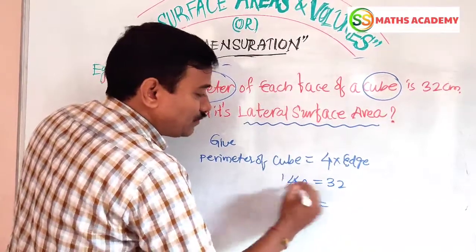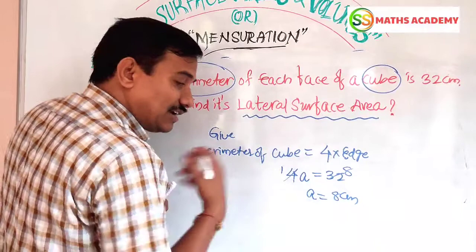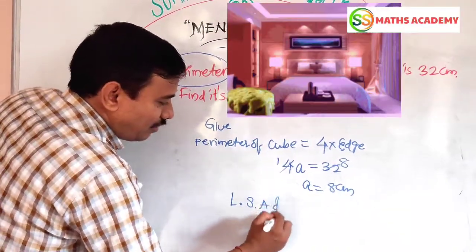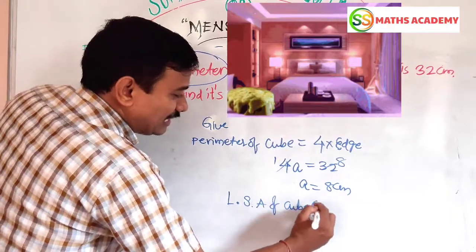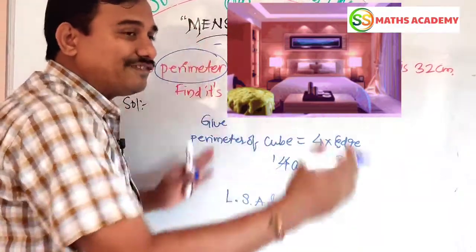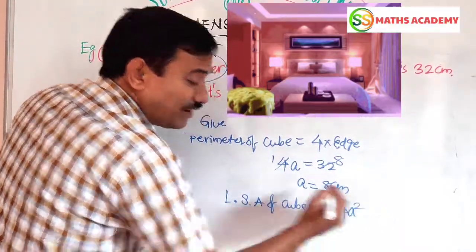Now a equals 32 divided by 4, a equals 8 centimeter. I got the edge. Then I should find the LSA of the cube. We know very well the formula for the lateral surface area of a cube, like a 4 walls room, which is 4a square.